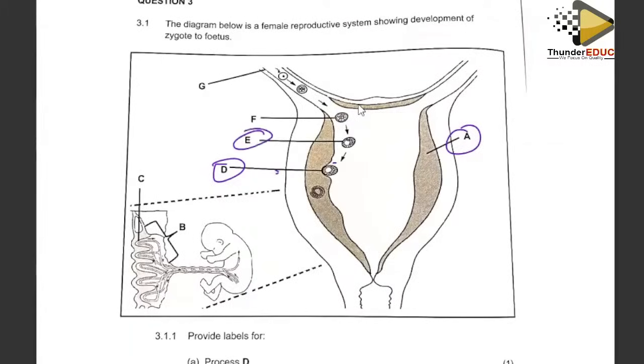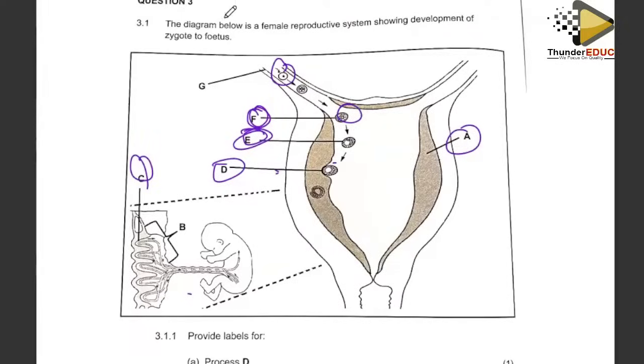And then you have E, which looks to be a hollow ball of cells, which is a blastula. F looks to be a morula. This one looks to be fertilization taking place. And this one looks to be a placenta.